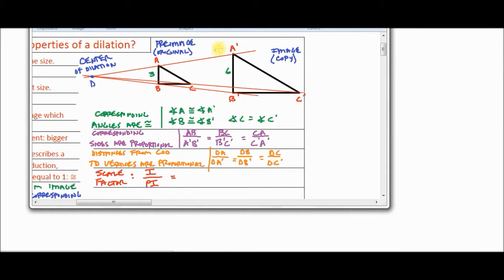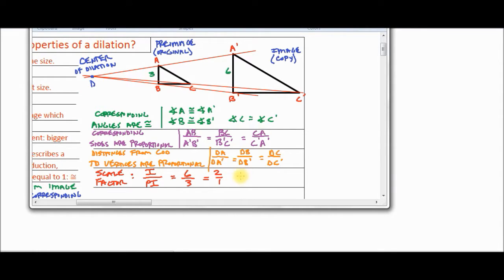Then our scale factor is going to be the side length of the image, which is A prime B prime, which is 6, over the corresponding side of our pre-image, which is 3. And that means the scale factor of this particular example would be 2 to 1.